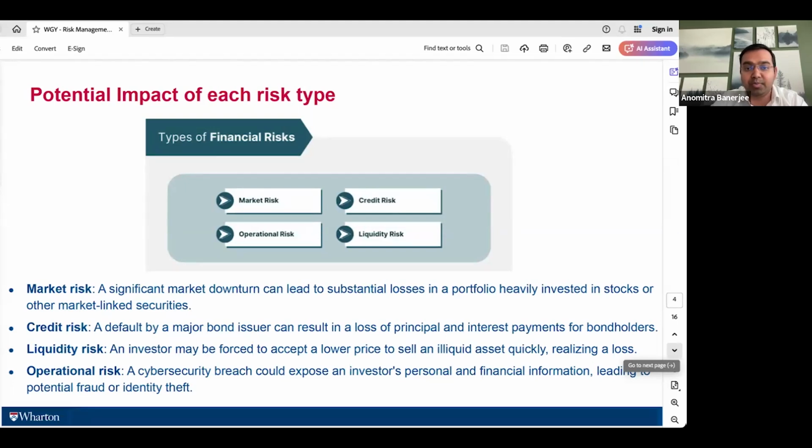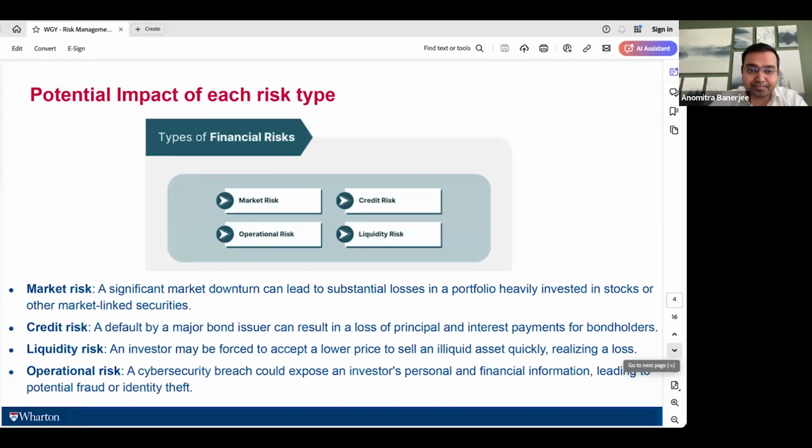A credit risk could be like, say you put in $10,000 on a bond and they declared bankruptcy and now they can no longer pay you, just put aside the interest payments, they can't even pay you back your principal, right? Now that's a credit risk. That's the impact that you might have.